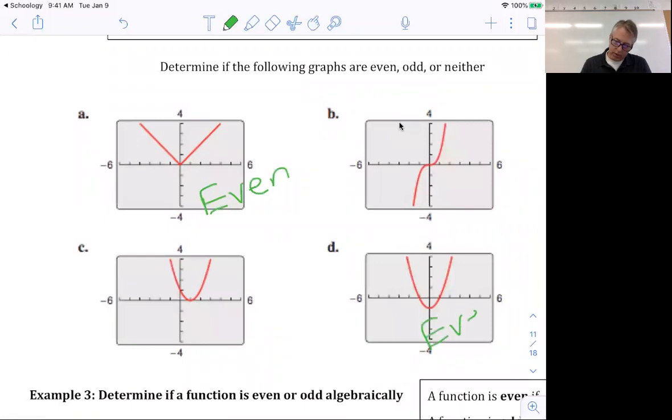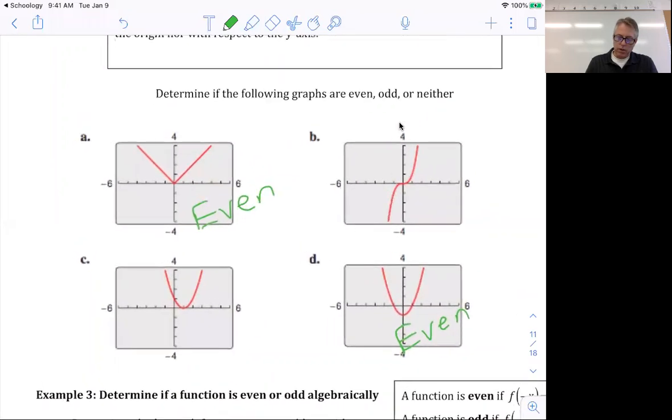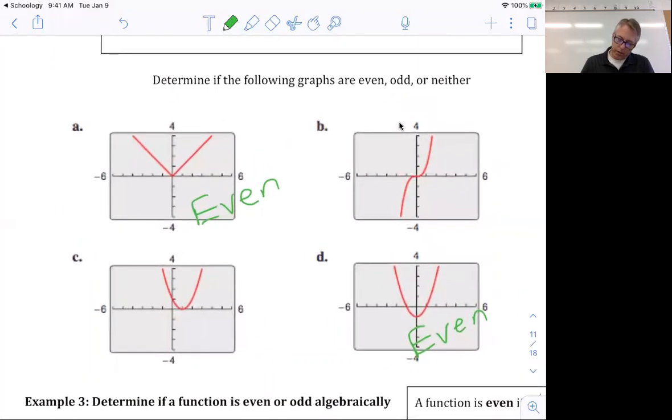And this is also an even function, that parabola, because if you reflected it, the left side and the right side would line up right on top of each other if we reflected over the y-axis. Now part B is an odd function because when you rotate that 180 degrees, it looks exactly the same.